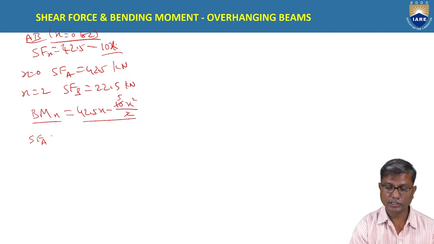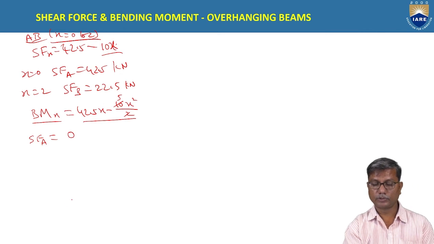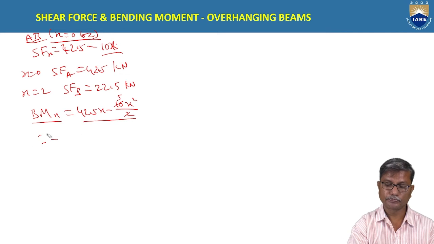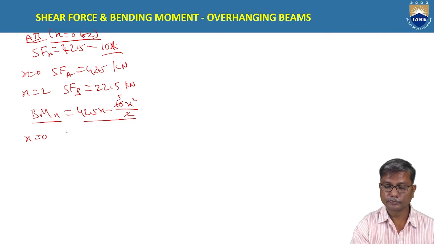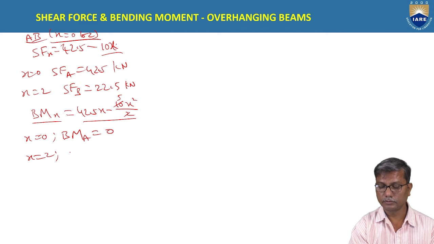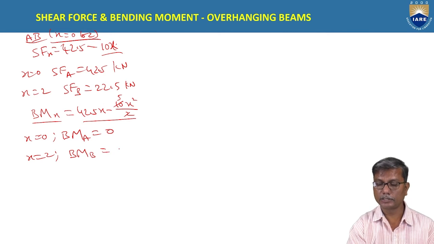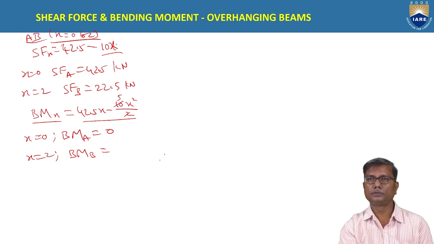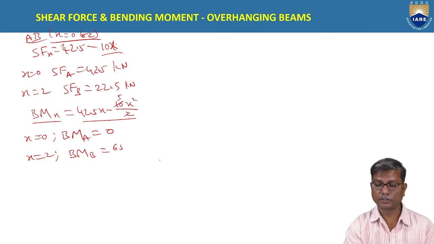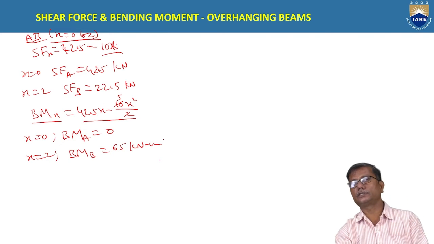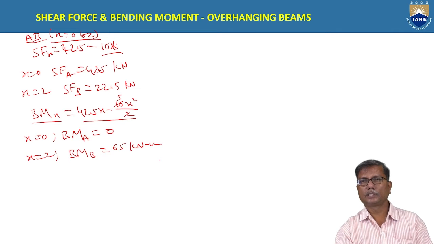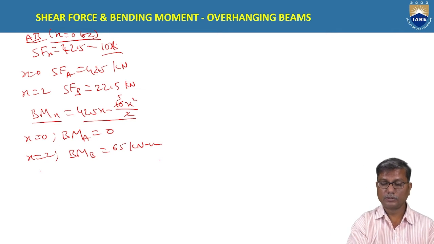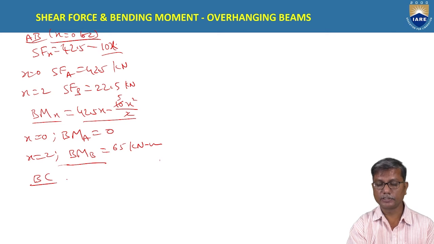At x equal to 0, bending moment at A is 0, and at x equal to 2, bending moment at B is 42.5 into 2 minus 5 into 4, that is 85 minus 20, 65 kilonewton meters.